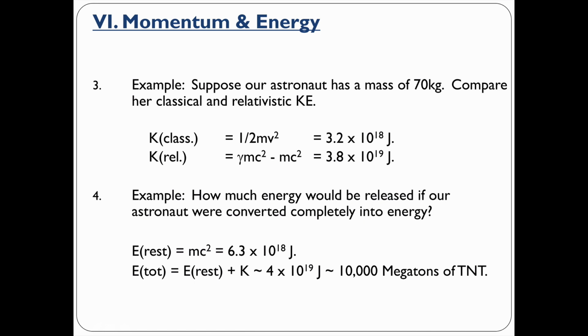Okay, suppose our astronaut, as an example, has a mass of 70 kilograms. Compare her classical and relativistic kinetic energy. This is the astronaut we have considered in the previous examples. 1/2 mv squared, in the case we've looked at, moving at 0.87 c, you can calculate, given her mass and the fraction of the speed of light, is about 3.2 times 10 to the 18 joules.